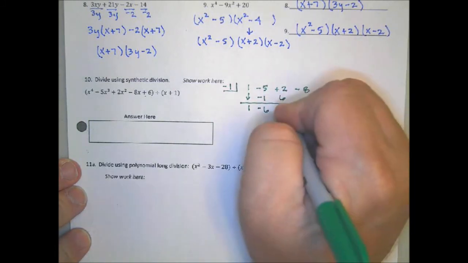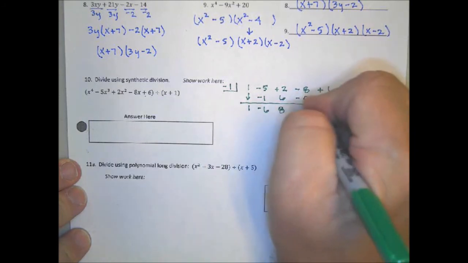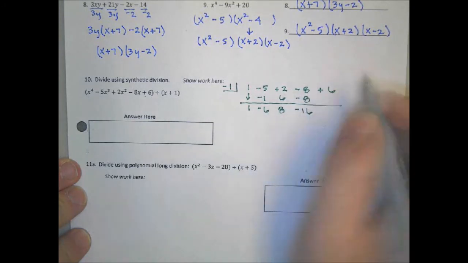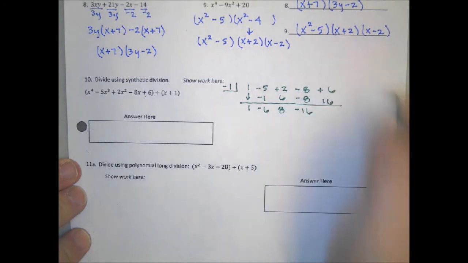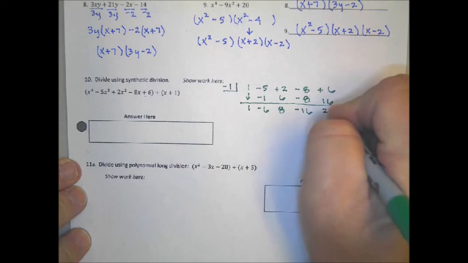Combined like terms, 6 plus 2 is 8. -1 times 8 is -8. Combined like terms, -16. -1 times -16 is +16. Combined like terms, 6 and 16 is 22.